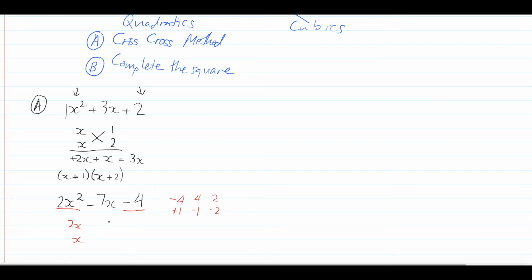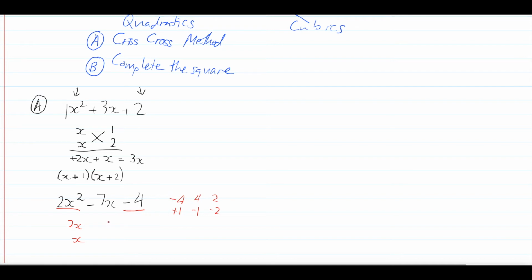Then we need to pick the right pair so that when you crisscross and add the products up together, you get the middle term negative 7x. And this is all about practice, guys. The more practice you do, the more instinctual this becomes, and you can generally pick the right pair.